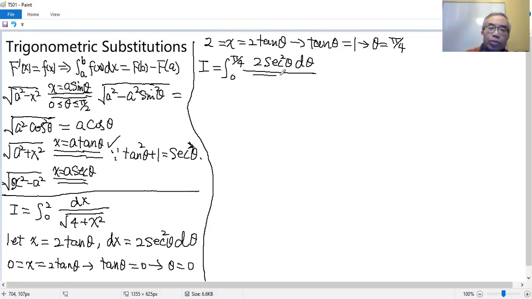The square root of 4 plus x squared now becomes the square root of 4 tan squared theta plus 4, that is, 4 times (1 plus tan squared theta), and 1 plus tan squared theta equals secant squared theta. Let's continue. We get the integral from 0 to pi over 4.